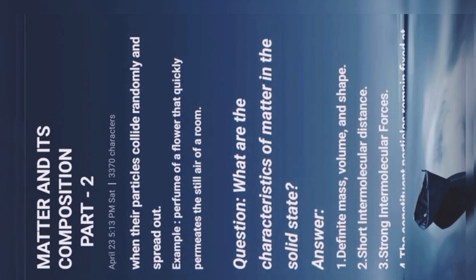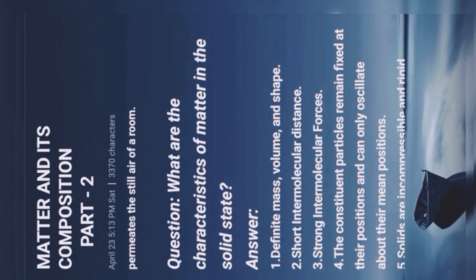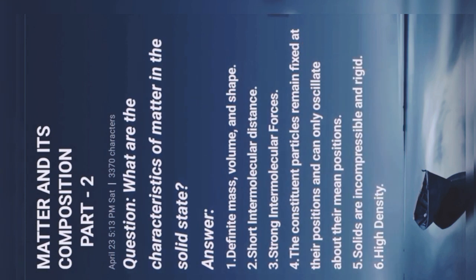Next question, what are the characteristics of matter in the solid state? Number 1: definite shape, definite volume, definite mass. Part 2: short intermolecular distance. Third point: strong intermolecular force.